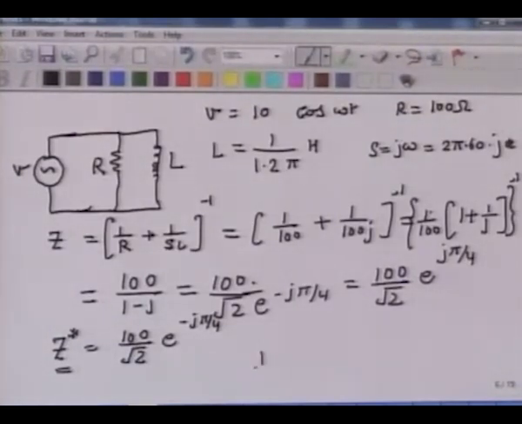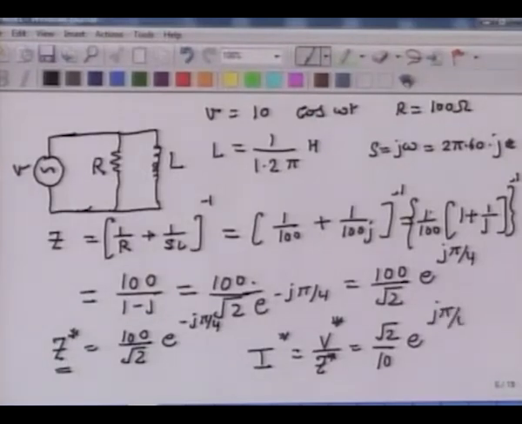So I star equals V star over Z star, which is root 2 over 10 e to the j pi over 4. That is my I star.